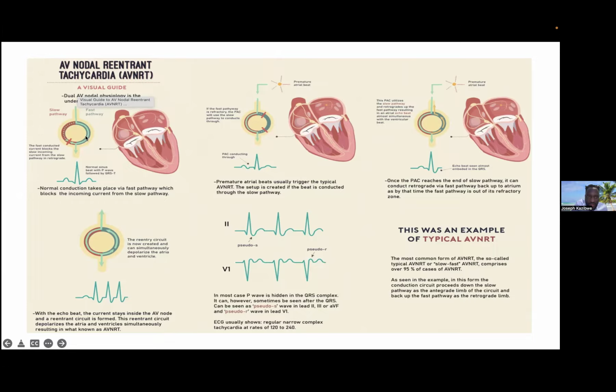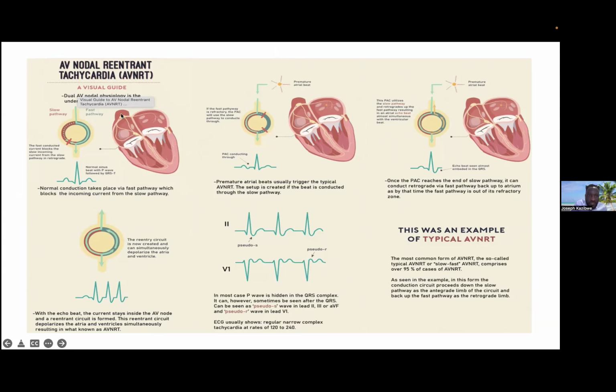We already know that as slick as the fast pathway is, it takes a bit longer in refractoriness before it can conduct again. And the opposite one, the slow pathway, is very slow, but it takes a very short time before it can conduct again. That is the refractory period.